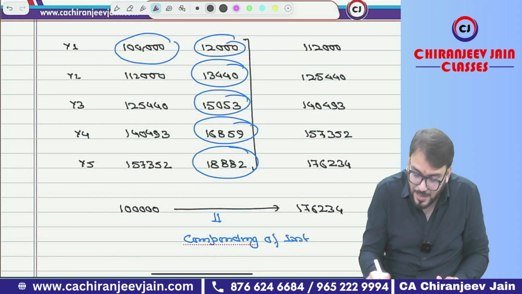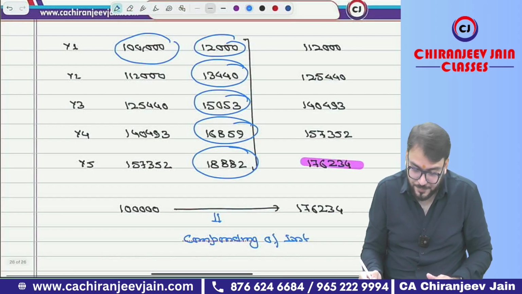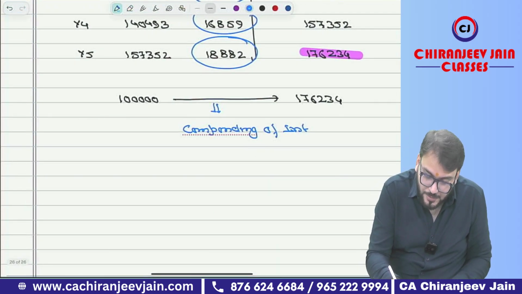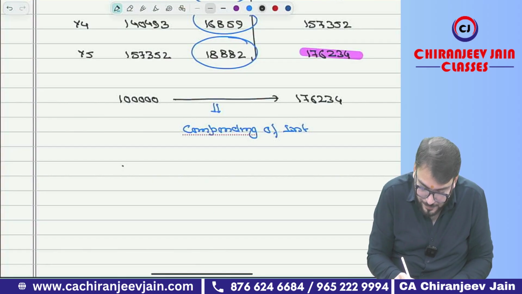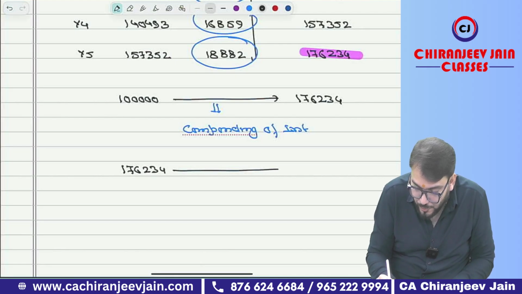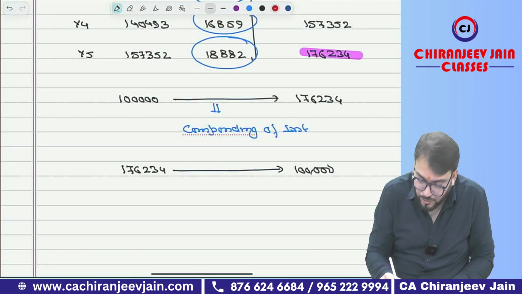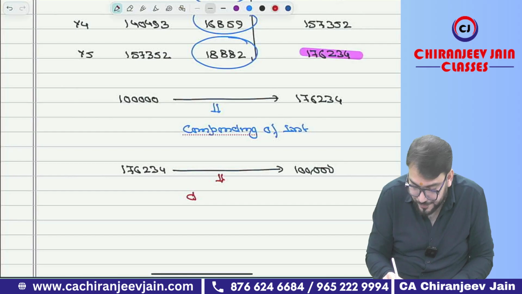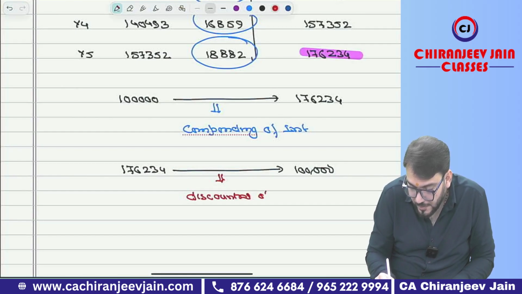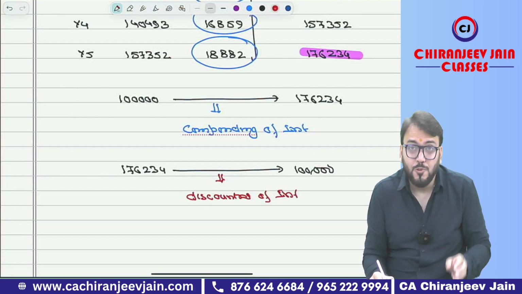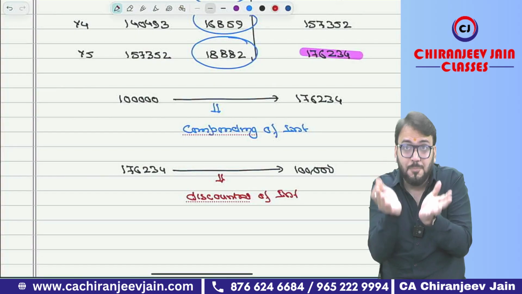Similarly, if I say it in this way, 1,76,234, if you are converting into 1 lakh, we are discounting interest. So this is known as discounting of interest. Means from future value, if we deduct interest, then we will get present value.